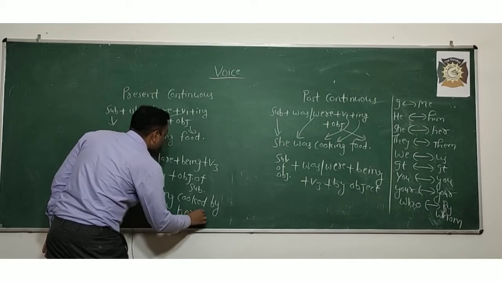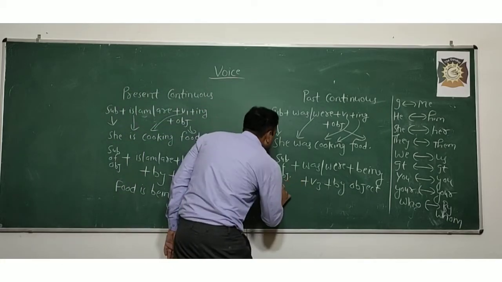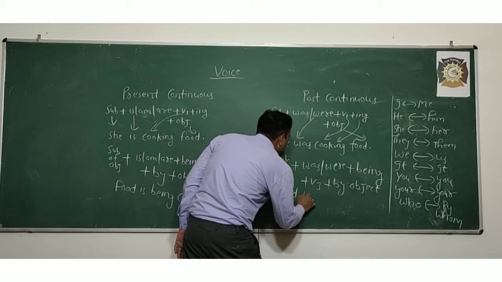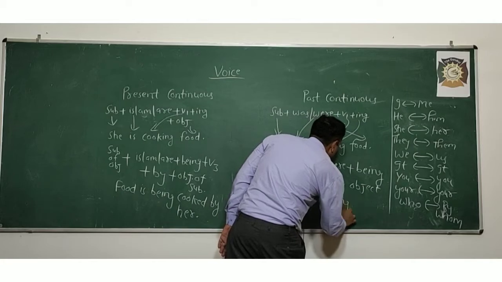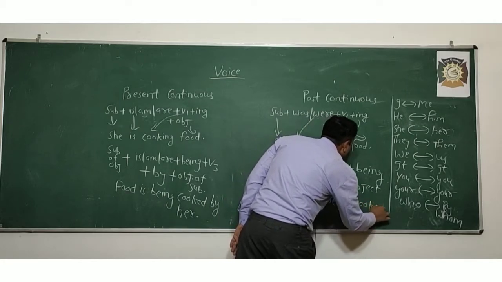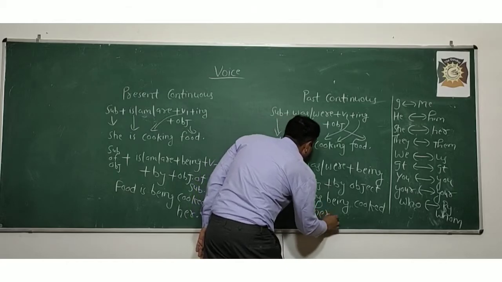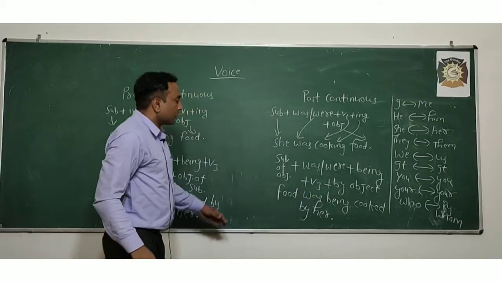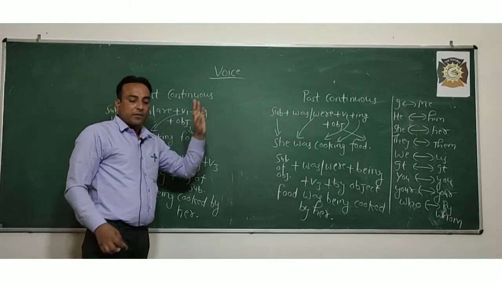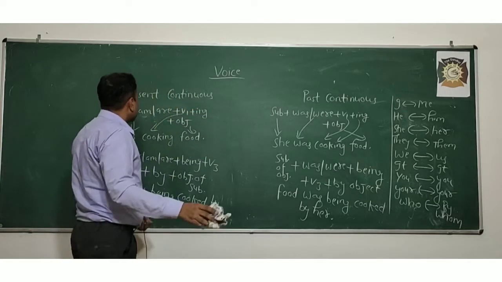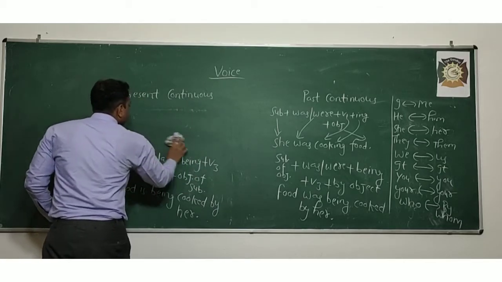In the same way you will change it here: food was being cooked by her, and full stop is there. So the pattern is the same, there is a difference of only helping verb. You just have to keep it in mind, and I will explain it to you by giving more examples.